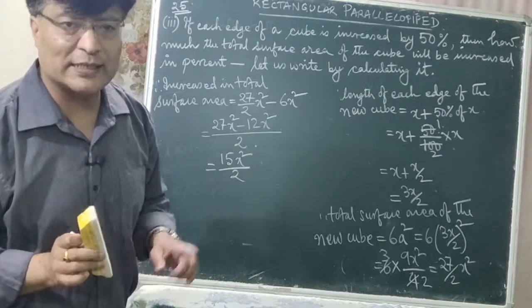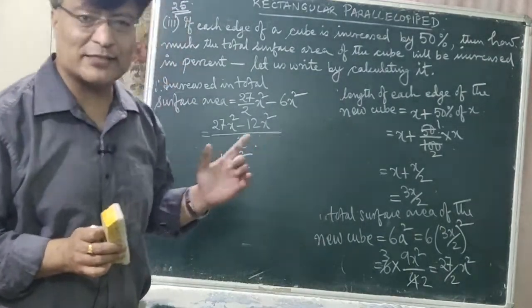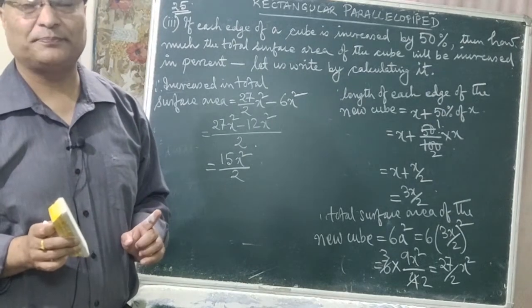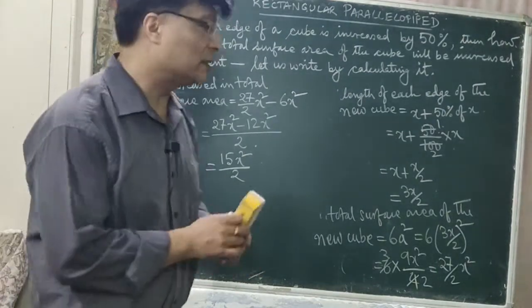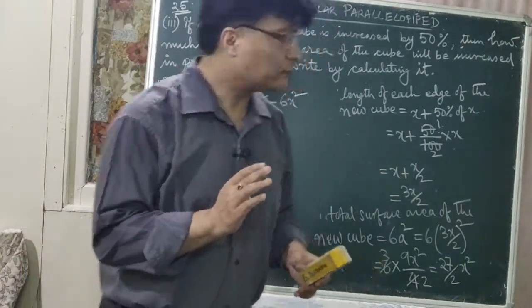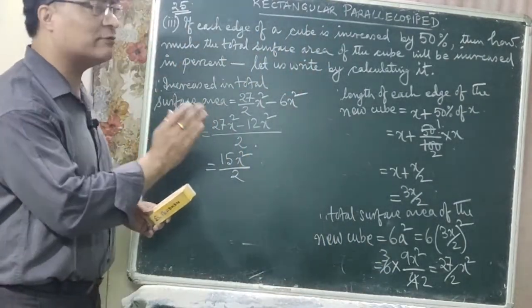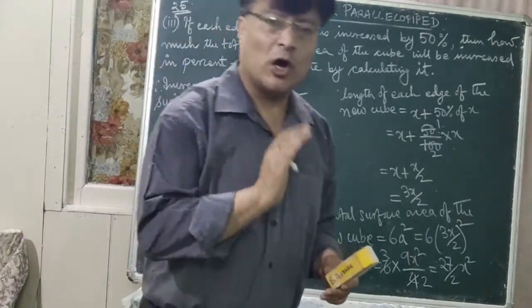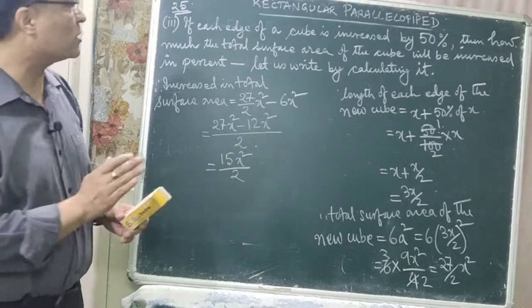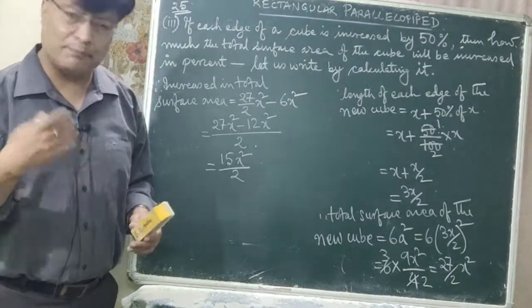But you should write it in terms of percentage. What should we change it to? We have to change it to percentage. Is that clear? The formula is, now percentage increase in total surface area. How much total surface area is increased? How much the total surface area of the cube will be increased in percentage?